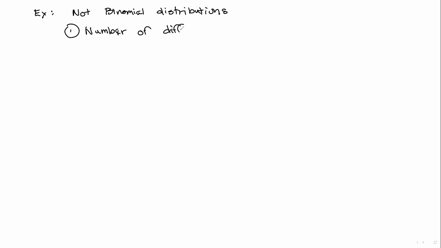Let's look at some examples that do not satisfy, and we're going to want to identify why. First example, number of different eye colors in 50 random people.